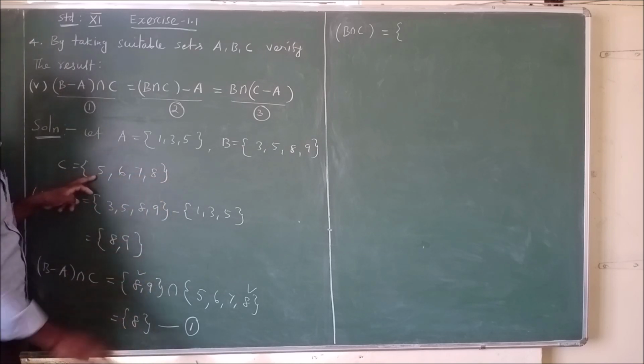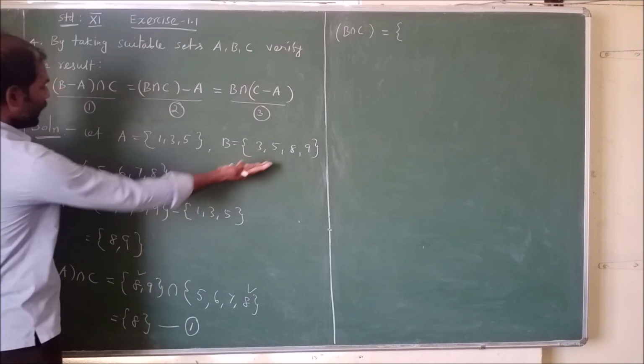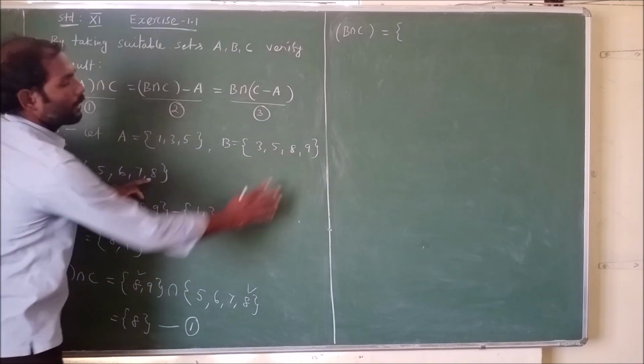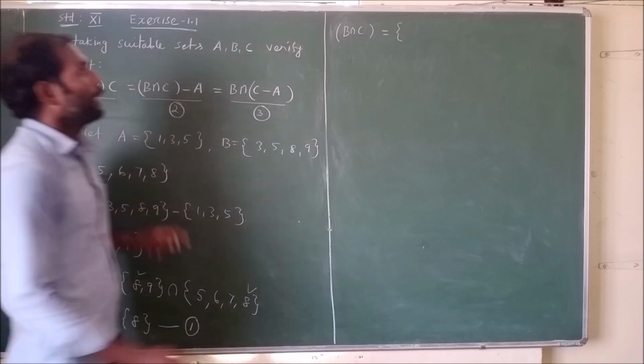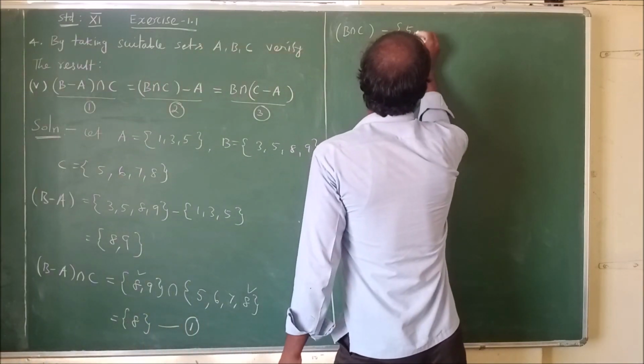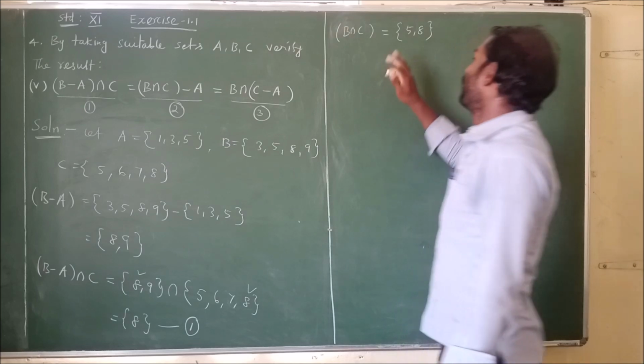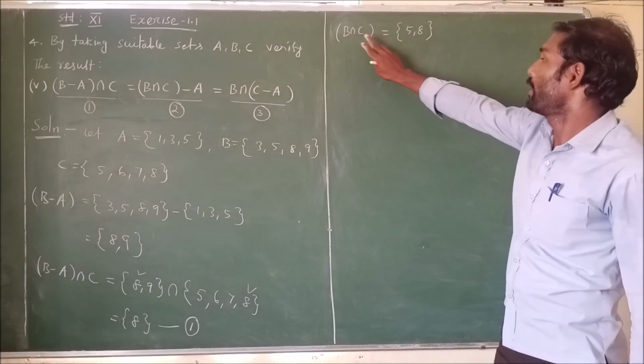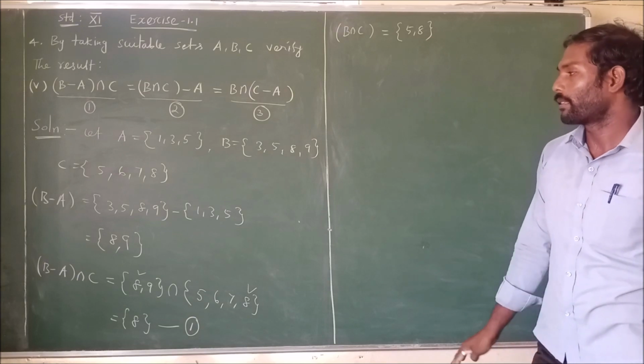The common elements of B and C are 5 and 8. So B intersection C is 5, 8. Directly we write the common entries, 5, 8.